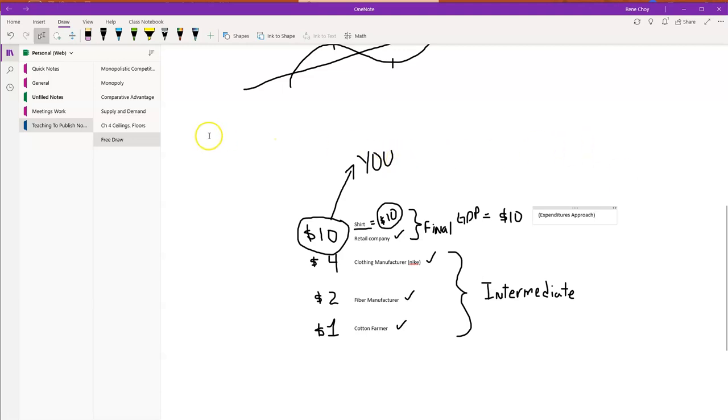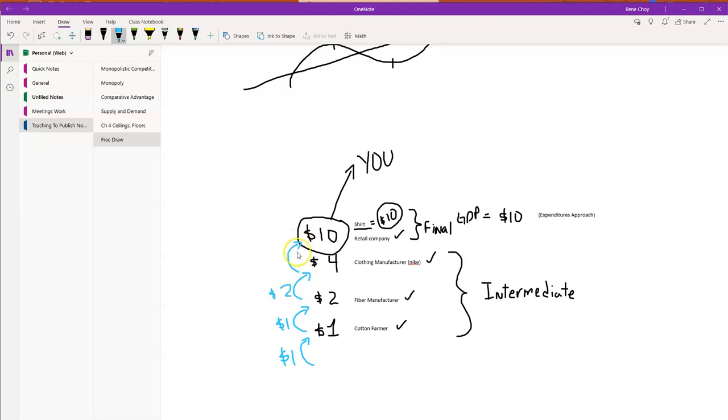Another way to count GDP is by counting the value added or the income of each individual on this particular transaction. Now notice that the farmer added $1 to this transaction. Then the next person added another $1 to this transaction. Then the next person added $2 to the transaction.